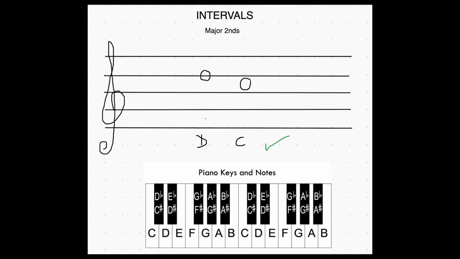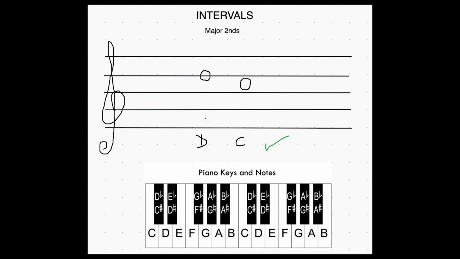So now that you've watched this video, what I would like you to do, whether you have a keyboard or piano, or whether you have an app which you can get for free on iPads and phones of a little keyboard, is play some of these intervals and have a go at singing them. Have a go at singing D to C down and understanding that that is a major second, a bright sound.